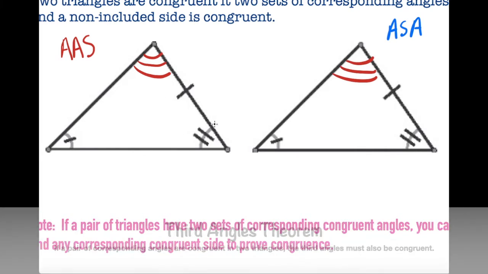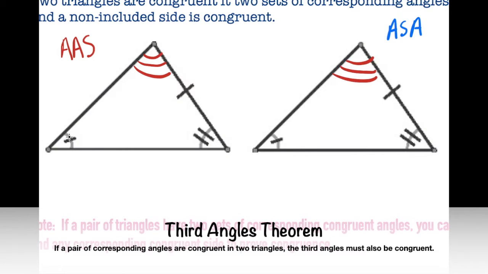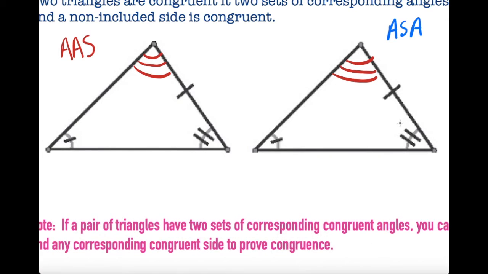And that's just by subtracting, right? If I knew this was 50 degrees and 60 degrees, that's 110 total degrees. And then if this is 50 and 60, that's 110 total degrees. If I subtracted both of those 110s, I have 70 degrees left for each angle. If the measures are equal, the angles are clearly congruent. And that is always going to be the case in all triangles because of that 180 degree total measure. So using that idea, we know that these angles are congruent.